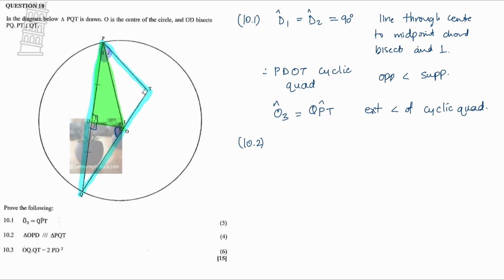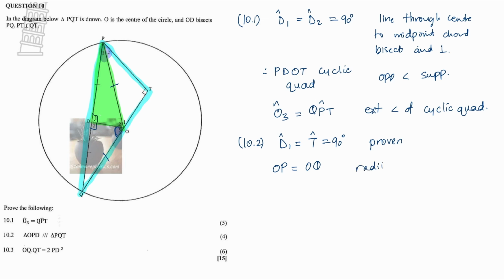So we know that D1 is equal to T, which is equal to 90 degrees. And we've proven that already. Then we know that OP is going to equal OQ, because they are radii.